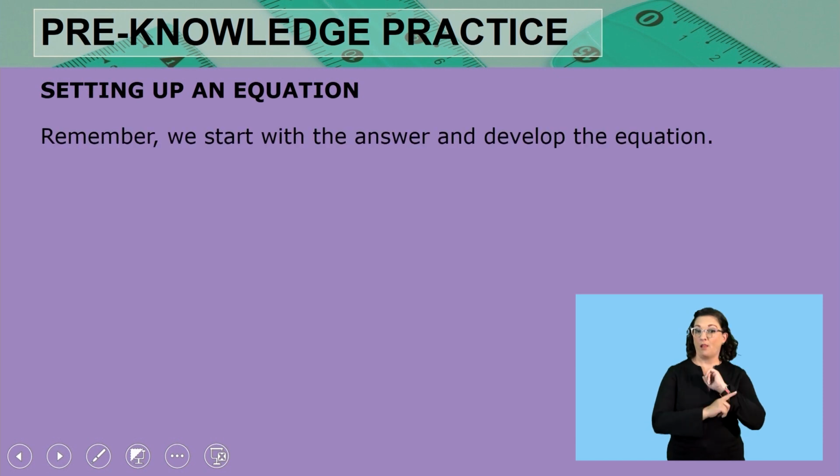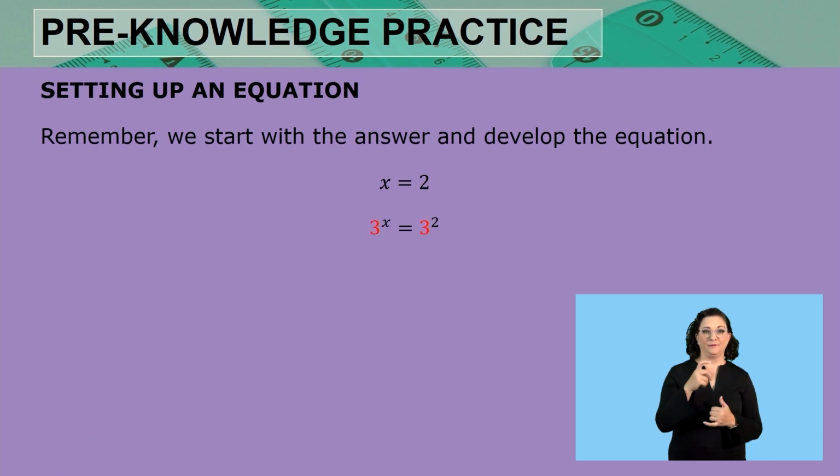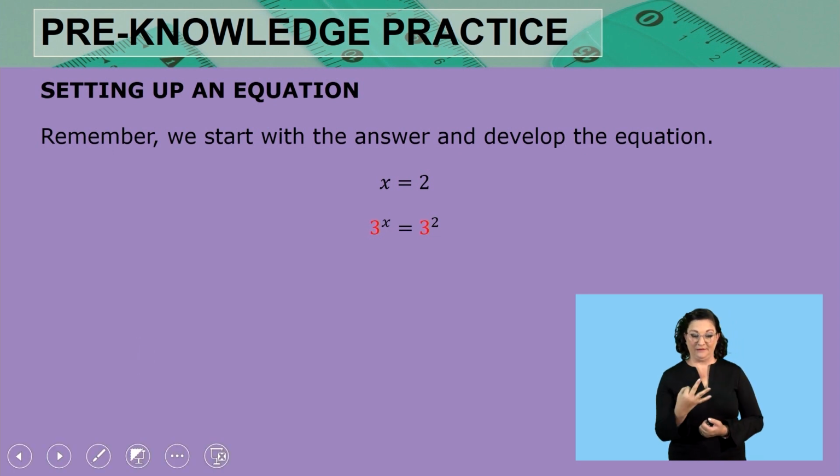Let's do the last one of setting up an equation. Now, remember, we start with the answer and then develop an equation. So let's start with x equals 2 again. This time we are setting up an exponential equation where our answer, x equals 2, has now been raised as exponents, and both of them have been given a base 3. Now we are creating powers, so we have 3 exponent x is equal to 3 exponent 2.